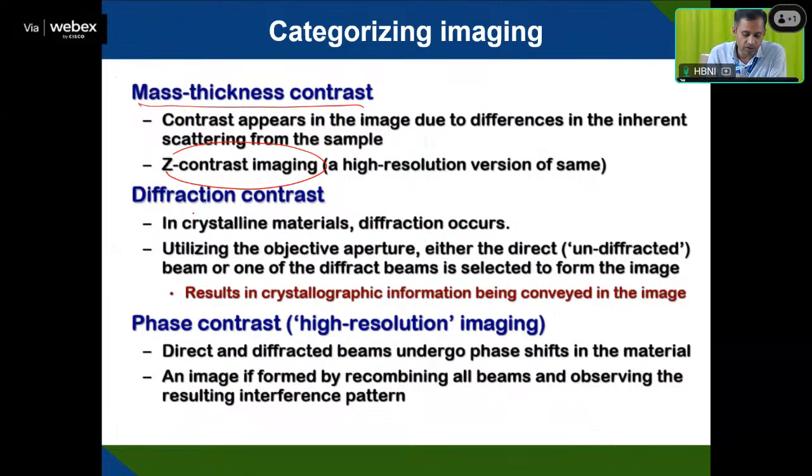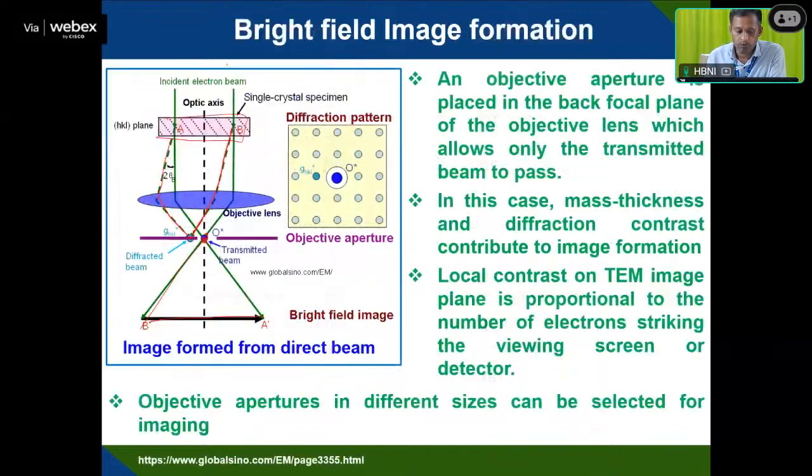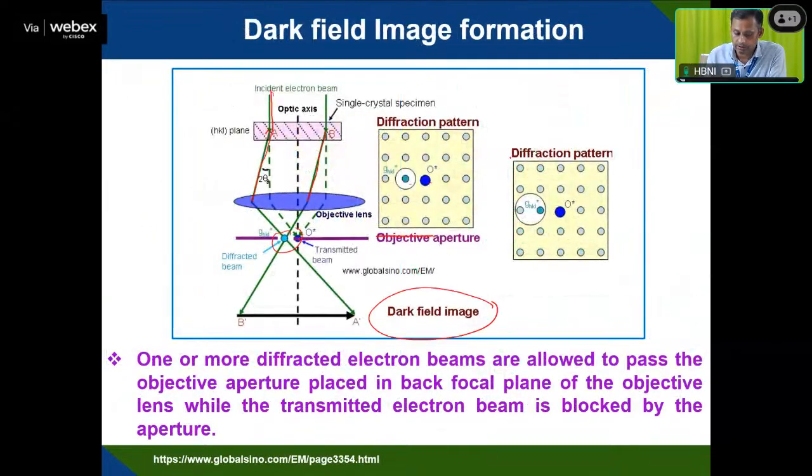Then you have diffraction contrast. In crystalline material, the diffraction mainly occurs, utilizing the objective aperture and either the direct beam or the selected area that you can see here. If you go to the diffraction pattern, you can see how it depends on the objective aperture that you are putting here.